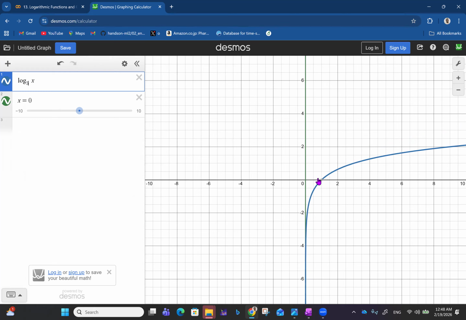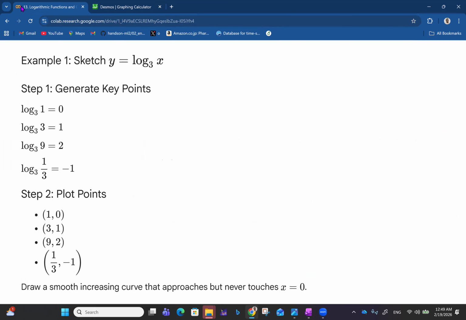So as you can see, when x is 1, y is 0. When x is 3, somewhere around here, y is 1. Okay, what are the other points now? So (1, 0), (3, 1), (9, 2).